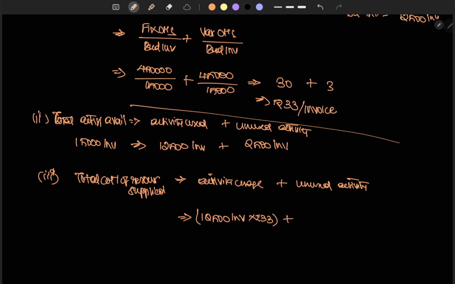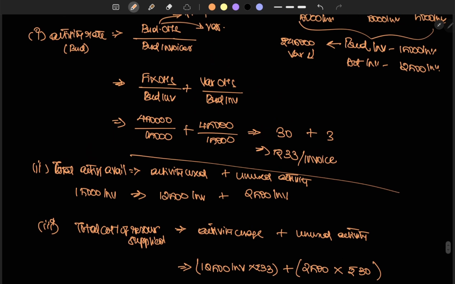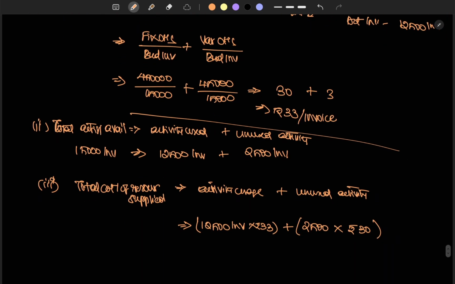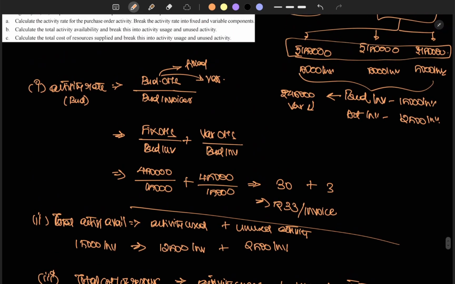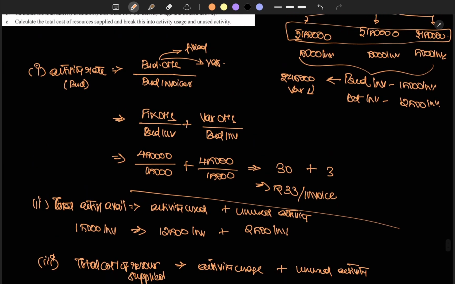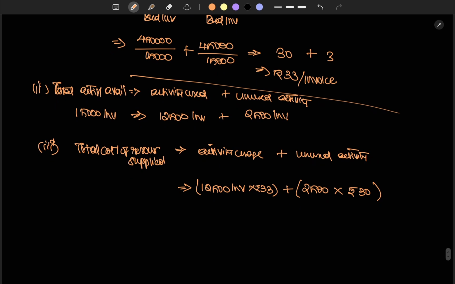What could be the cost incurred for unused activity, which is 2,500? 2,500 into rupees 30, because the fixed overhead, the accounts clerks, could even process those 2,500 invoices also, but due to limited market demand, we have only processed 12,500 invoices.